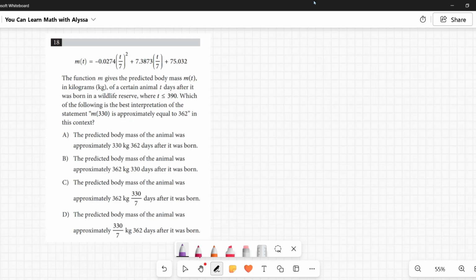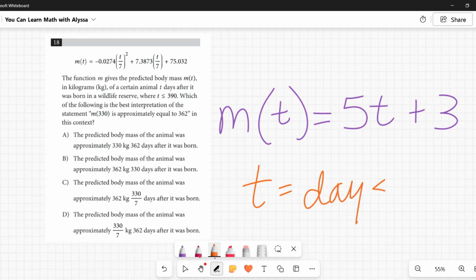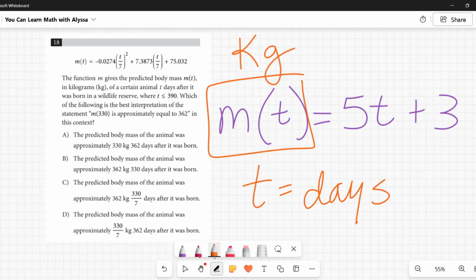I'm going to give you a much simpler version of this equation so you can see what's going on. What if I did something like this? M of t equals 5t plus 3. And I told you that t represents the number of days after an animal was born, and that if you do the math, m of t, your result will be the mass of that animal in kilograms.